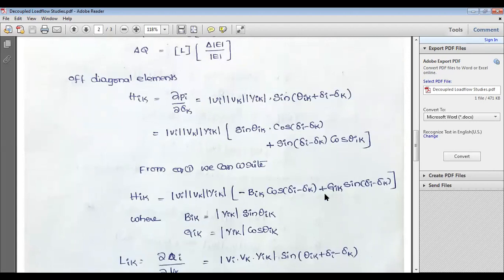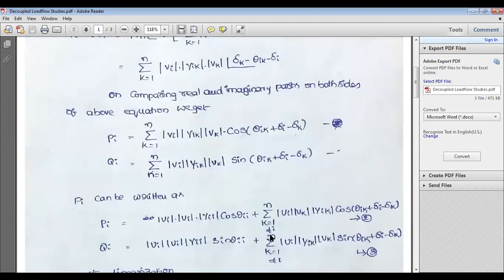So cos of delta i minus delta k plus gik. Obviously we have seen that one also. So gik is equal to sin of this one. Here again the conditions have also been given. What is that? Bik is equal to yik into sin theta ik, gik is equal to yik cos theta ik. How do you get those equations?